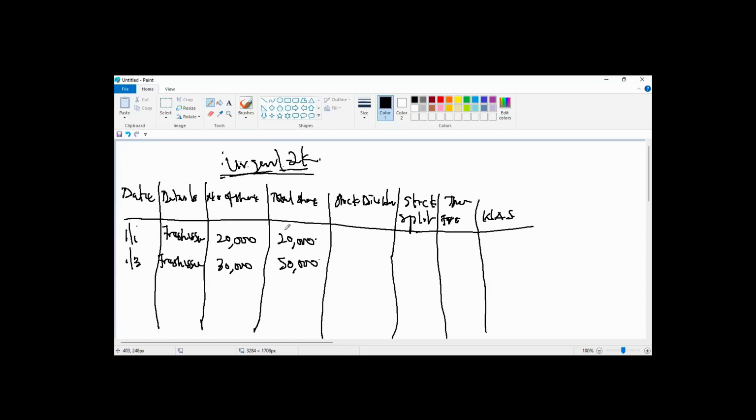Next, 1st of March, purchase 18,000. 50 minus 18, that is 32.